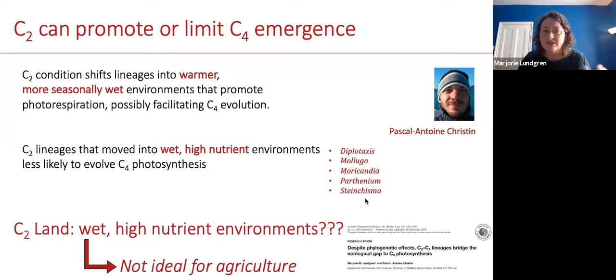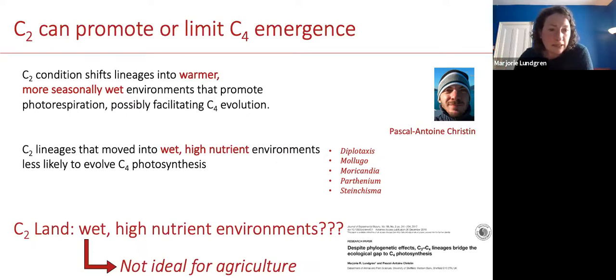And these lineages live in particularly wet, in terms of annual rainfall, and high nutrient environments. It seems like once those lineages happened to land in these wet, high nutrient environments, that's when they stopped there and never progressed on to C4.